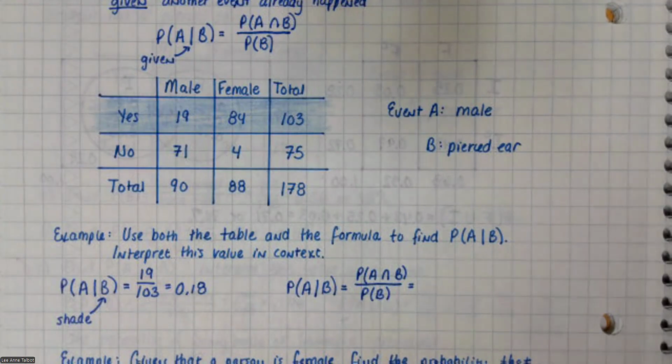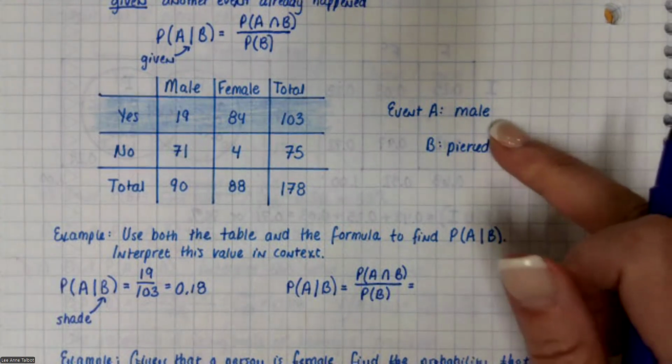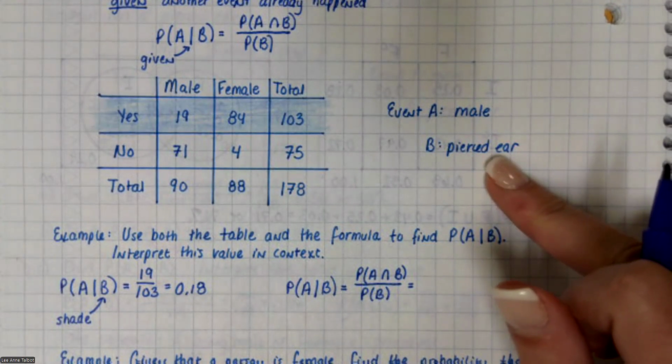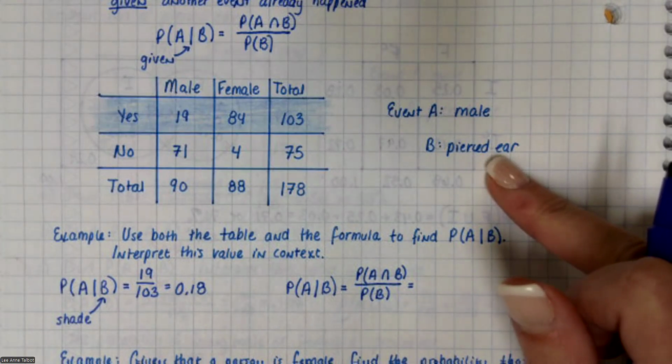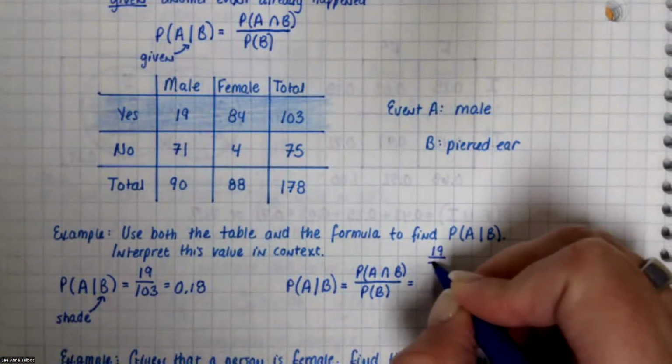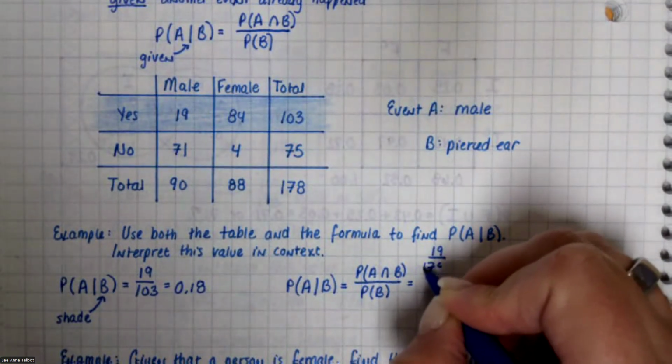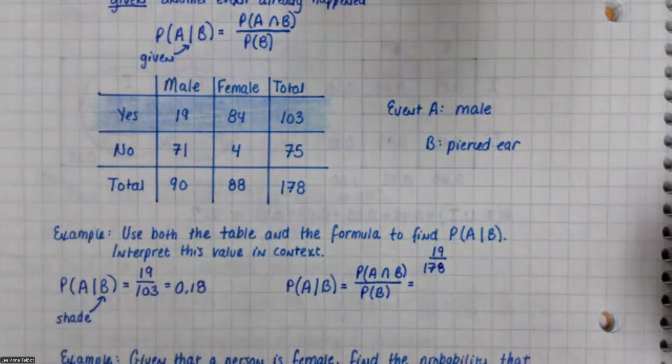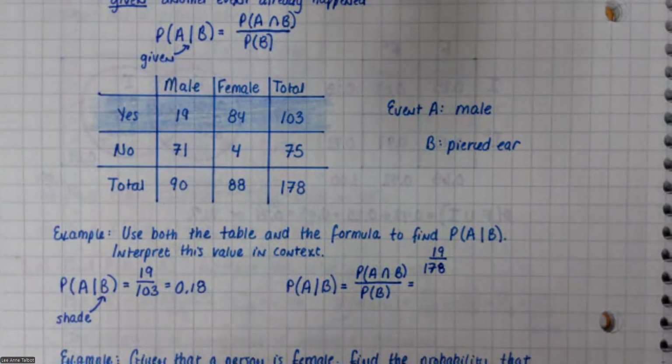What number is in the box for someone who is male and has a pierced ear? What number is in that box? 19. Okay, so the probability of A and B is 19 over 178.